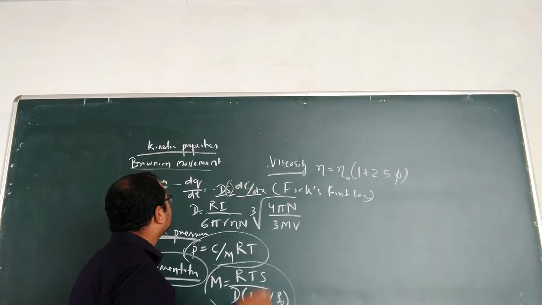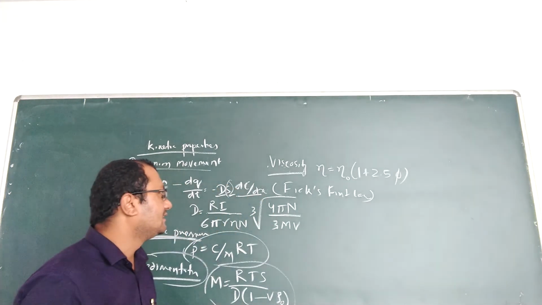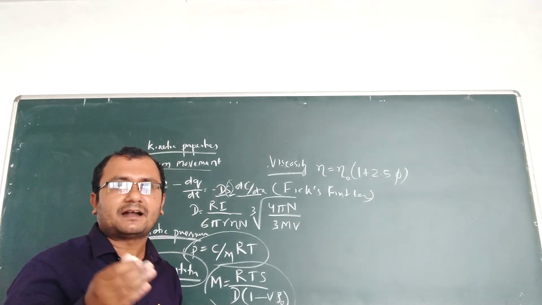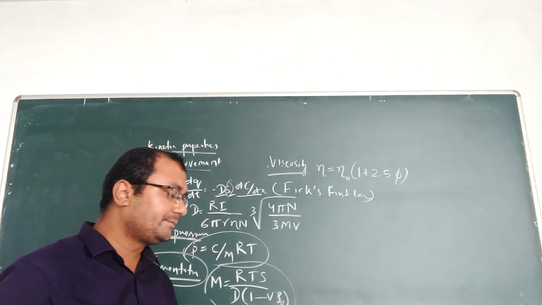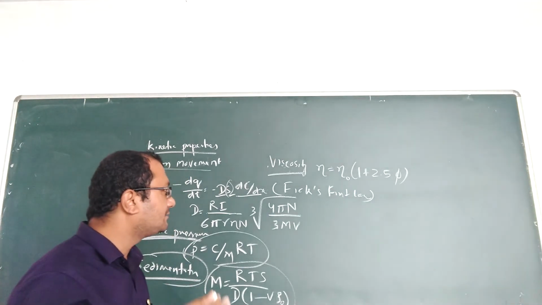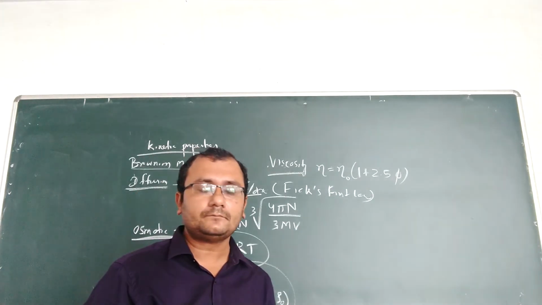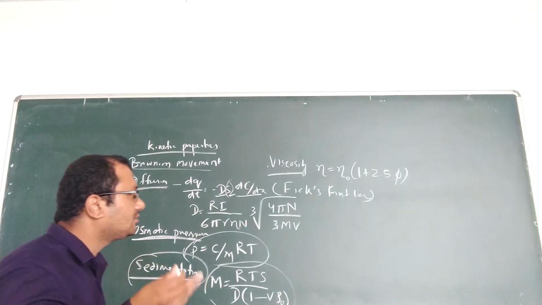But now let us discuss another kinetic property, that is viscosity. Viscosity, we know, is the resistance of particles to flow. This viscosity of the colloidal dispersion also affects the stability, so that's why we need to evaluate the viscosity term.